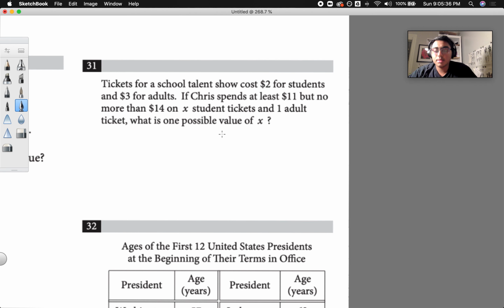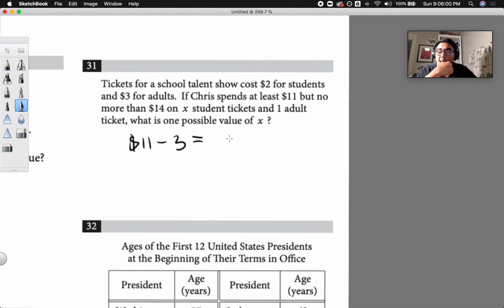All right. Tickets for a school talent show cost $2 for students and $3 for adults. If Chris spends at least $11 but no more than $14 on X student tickets and one adult ticket, what is one possible value of X? So let's say he spends $11, and he bought one adult ticket, so we subtract $3.